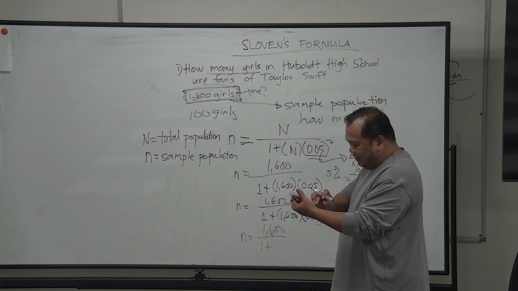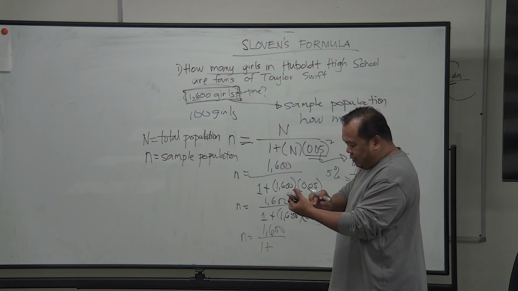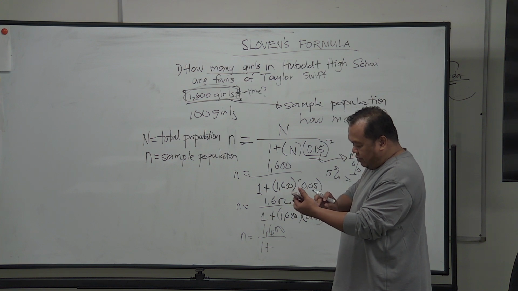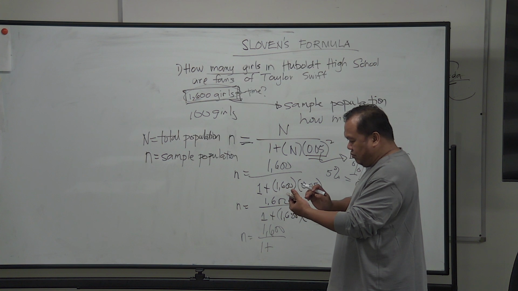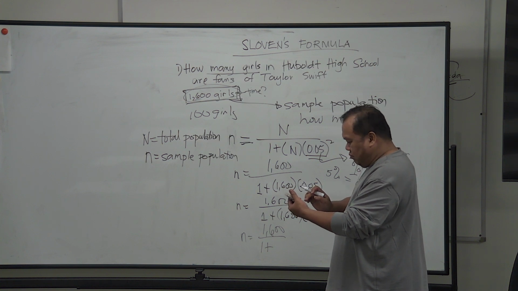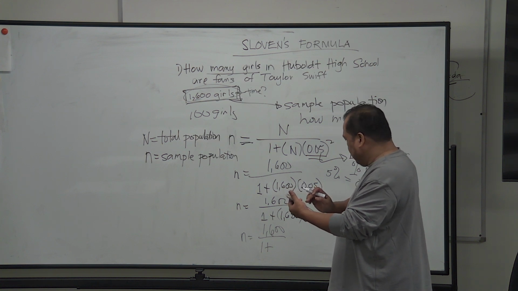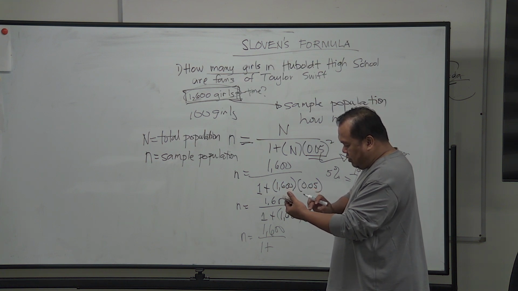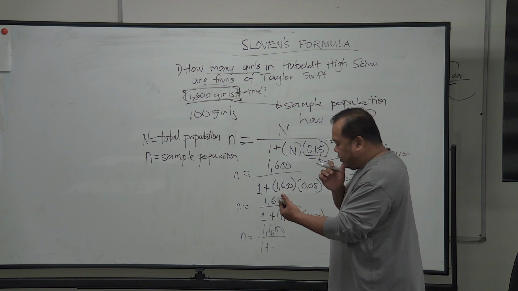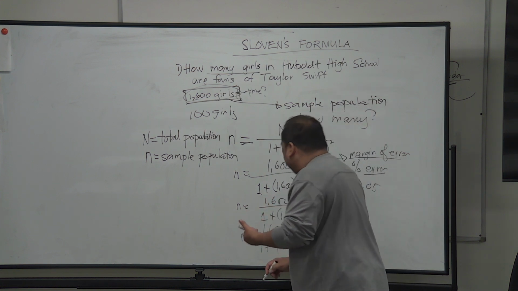Hang on. So you have now 1,600 times 0.0025. So you have now 1 plus 4.